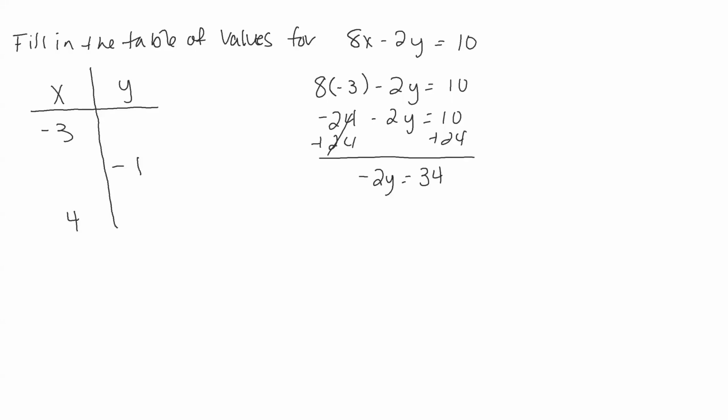The last step here to get the y coordinate is I need to undo the multiplication of negative 2 and y. So I'm going to divide both sides by negative 2. On the left, the negative 2's cancel, leaving me with just one y. And then 34 divided by negative 2 is negative 17. So for this particular equation, if x is negative 3, y has to be negative 17. And that gives us the ordered pair negative 3, negative 17.